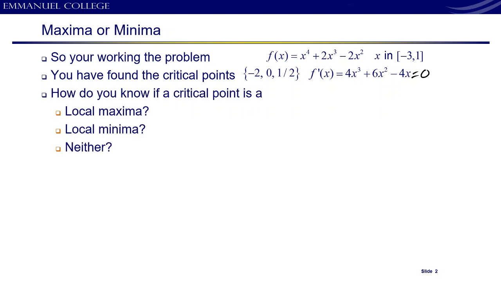So the question then becomes, how do you know if your critical point, which remember critical points are where the derivative of the function is 0 or undefined, is a local max, a local min, or what if it's neither? What if it just happens to be a place like we talked about with x cubed, where the derivative is equal to 0, but it goes from increasing, stops at 0, and then goes right back to increasing again?